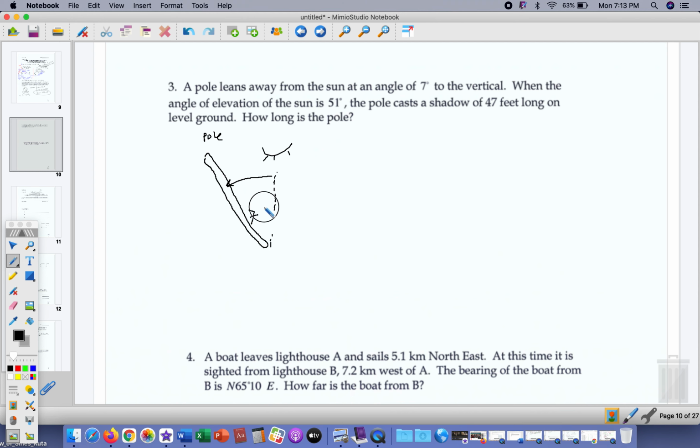It tilts away 7 degrees. When the angle of elevation of the sun is 51 degrees, the pole casts a shadow of 47 feet along the level ground. How long is the pole?